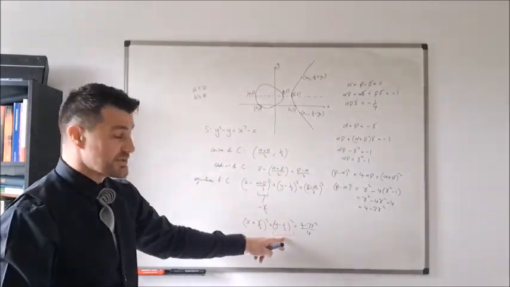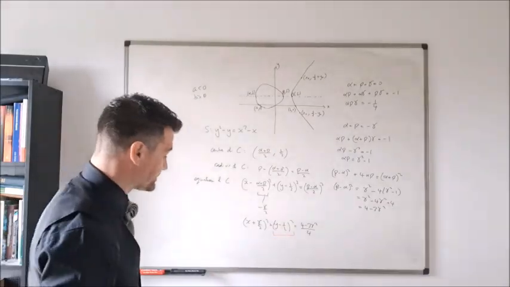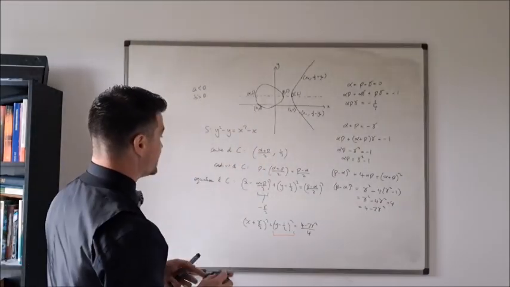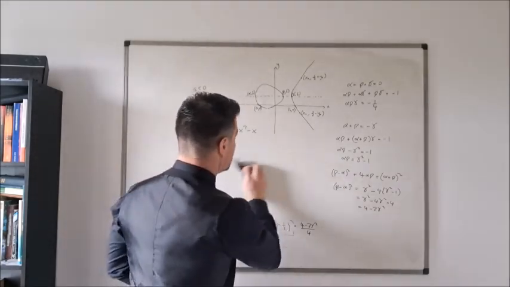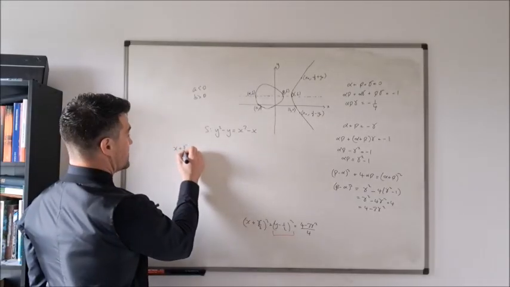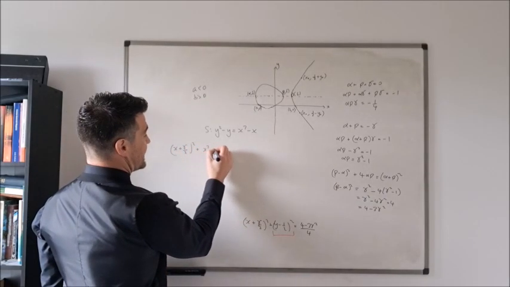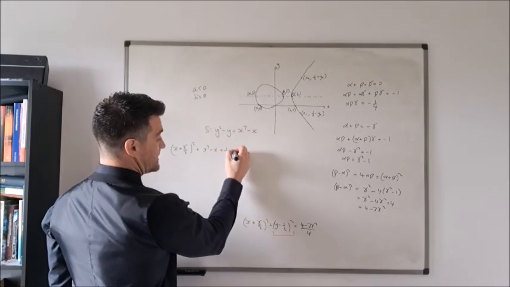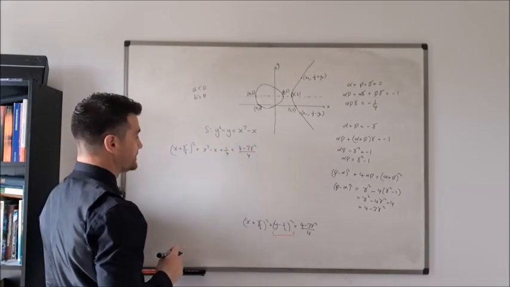So I just substitute x cubed minus x plus a quarter in here. So we get x plus gamma over 2 squared plus x cubed minus x plus a quarter equals 4 minus 3 gamma squared over 4.